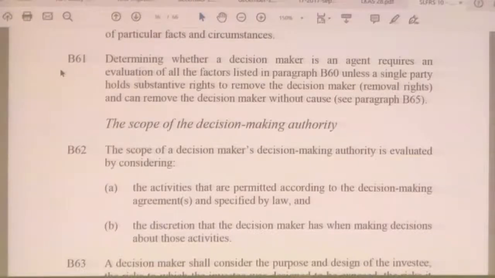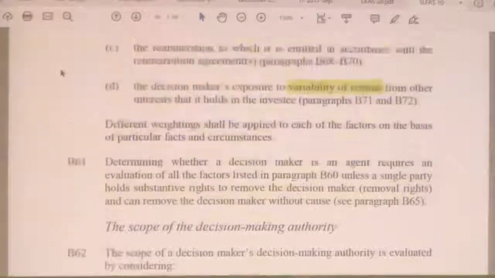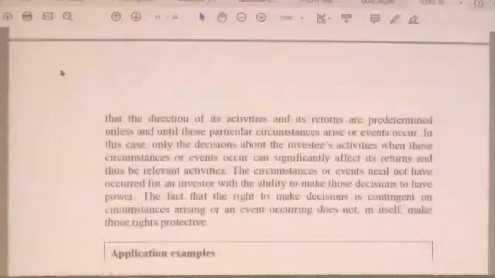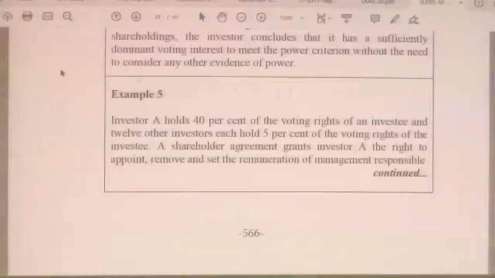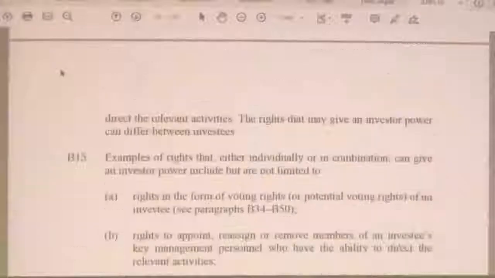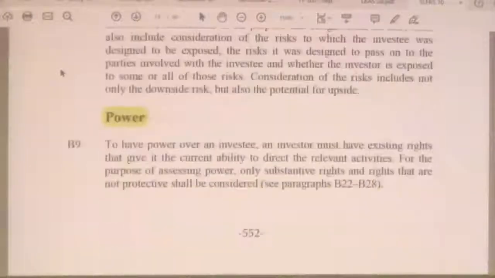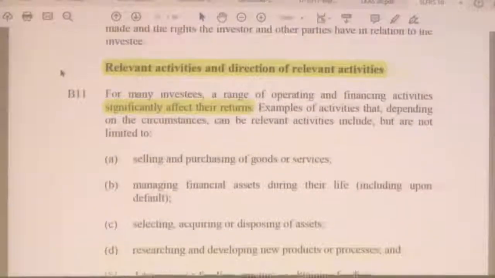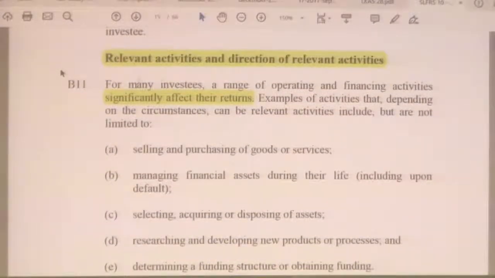Thereafter, what I wanted to explain to you? Go to B11 as well. Whether you make a summary or not, you should have the summary in your hand, otherwise you can't understand what I am doing here, right? Already I have summarized that. Relevant activities. What do we mean by relevant activities? I told you.